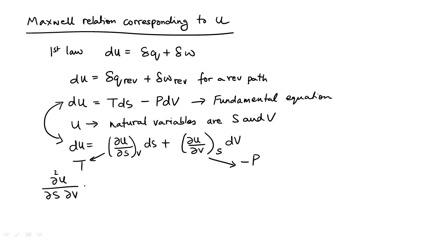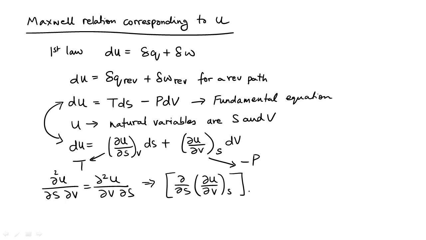So del squared U by del S del V is equal to del squared U by del V del S. And if we write this more precisely, this implies that del by del S of del U by del V at constant S, with the outer derivative at constant volume, is equal to del by del V of del U by del S at constant volume, with the outer derivative at constant entropy.